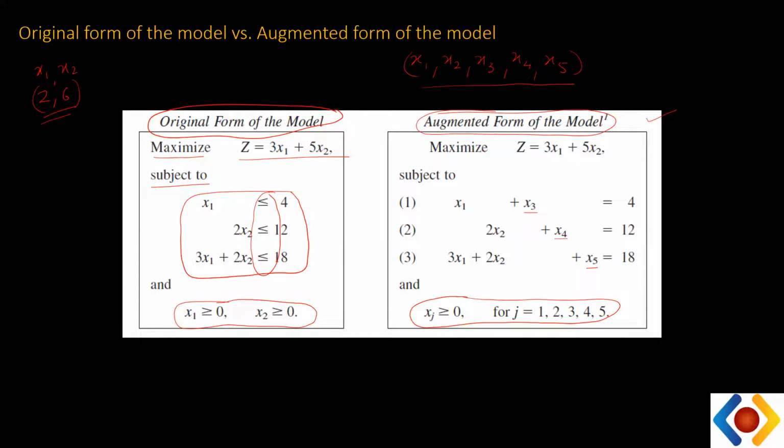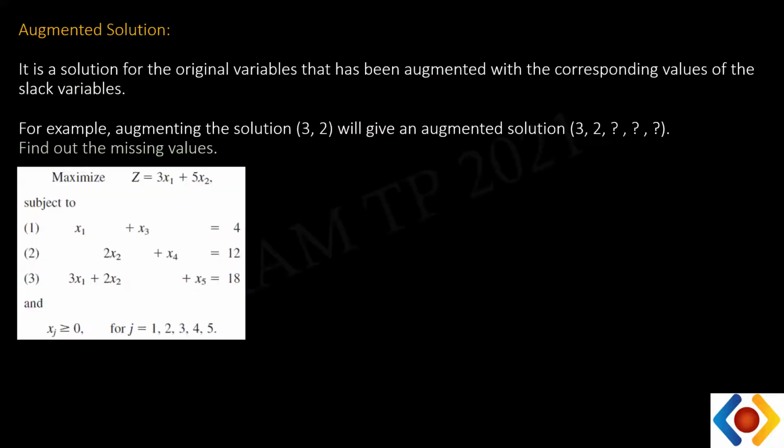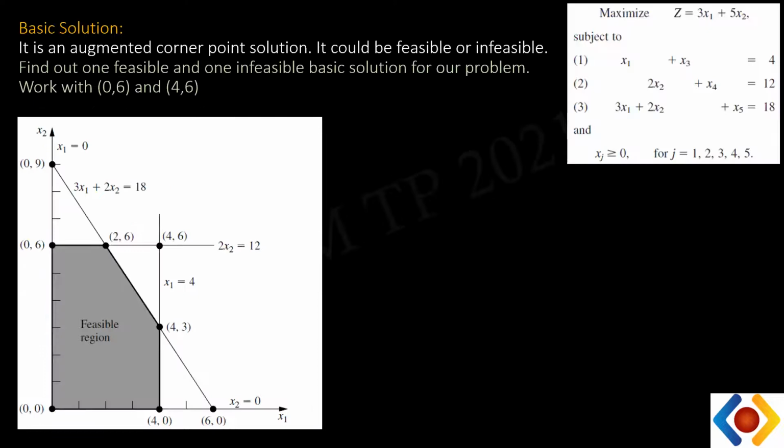Okay, now let's try to work on this problem. We all are familiar with this diagram. This is the augmented form of our equations, and I want all of you to find the augmented corner point solution.